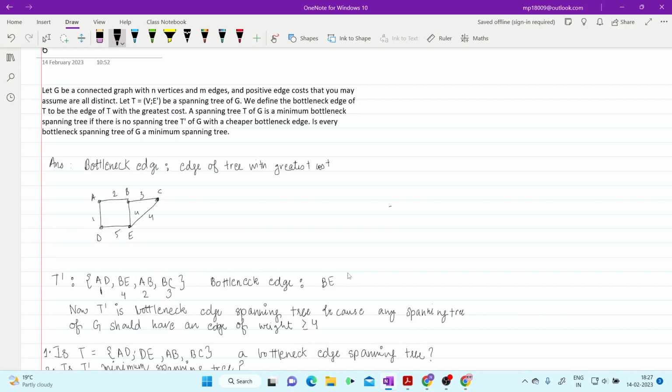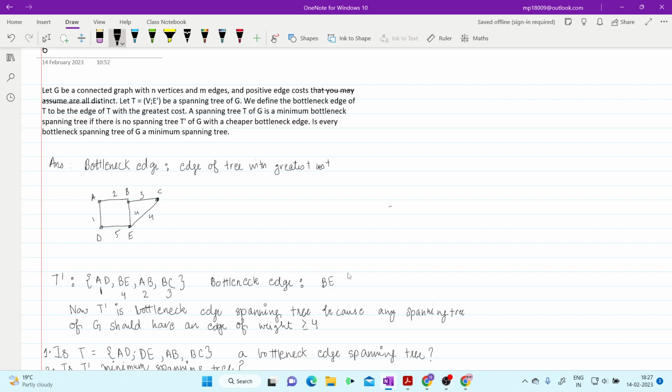Okay, we don't need to assume this. We are looking at a connected graph with n vertices and m edges and positive edge cost, and let T be a spanning tree. We define the bottleneck edge of T to be the edge of T with greatest cost.